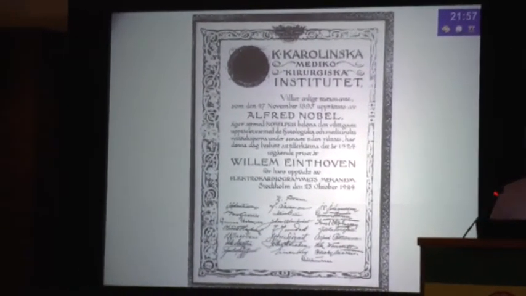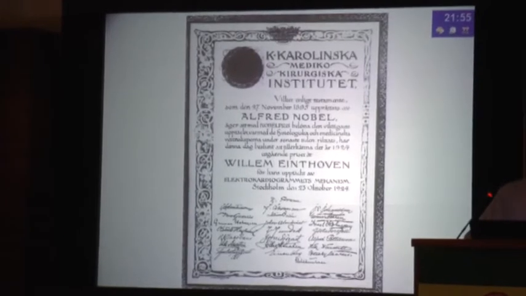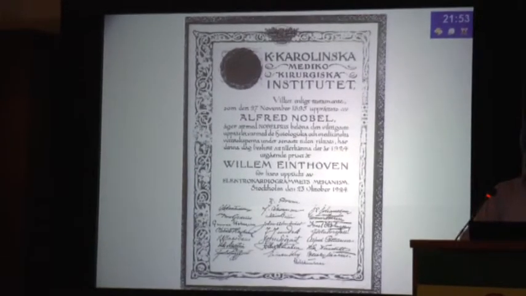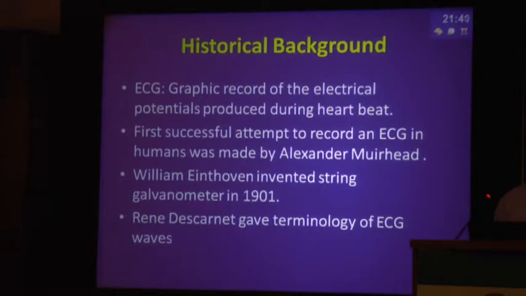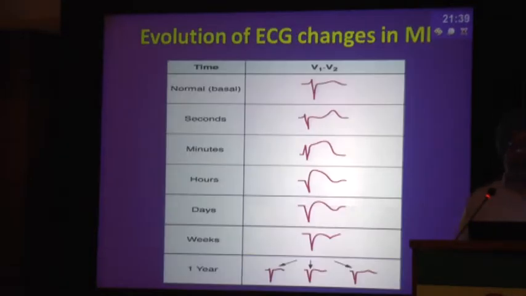The average mortality of a myocardial infarction even today is 7 to 8%. Even in this era when we have very effective thrombolytic agents and primary PCI, still mortality of acute myocardial infarction happens to be 7 to 8%. So we are dealing with an issue which is quite significant.